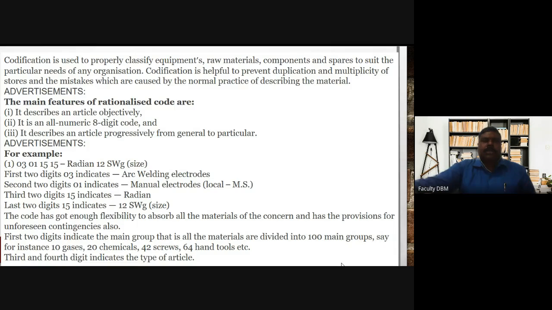So the main features of a rationalized code are that it describes an article objectively. I have my slide, I'm going to share the screen.